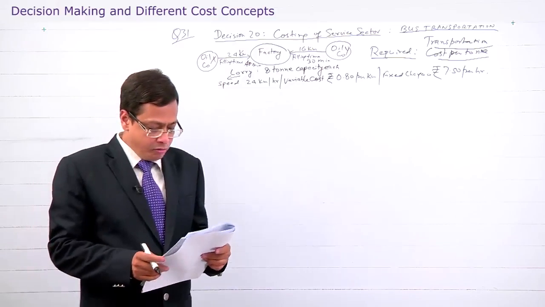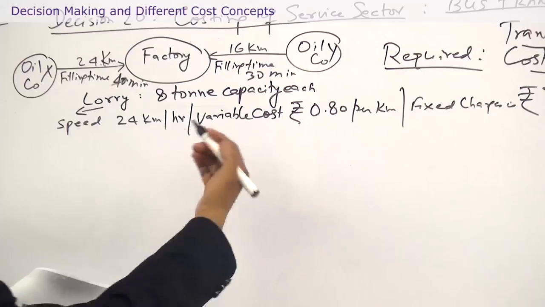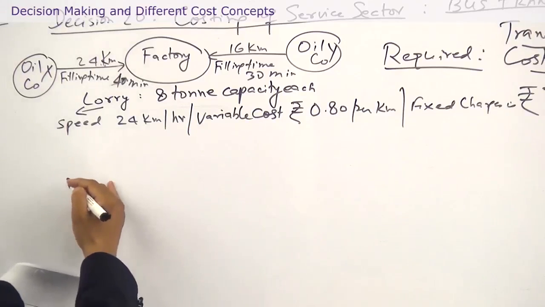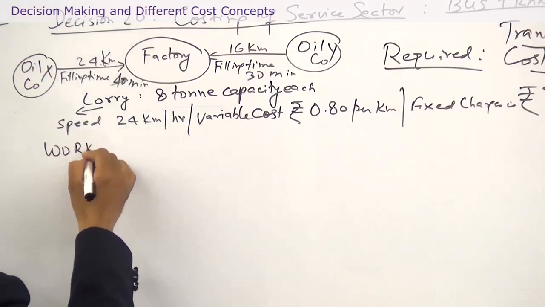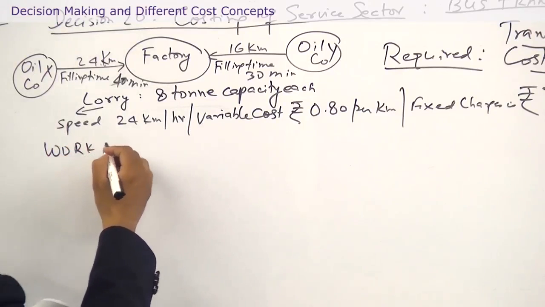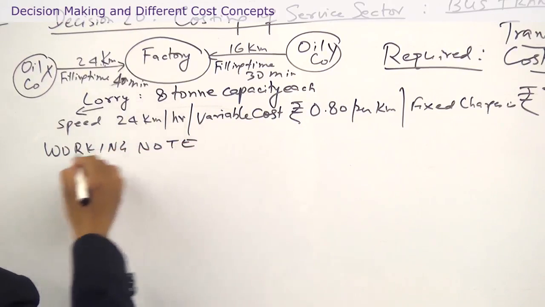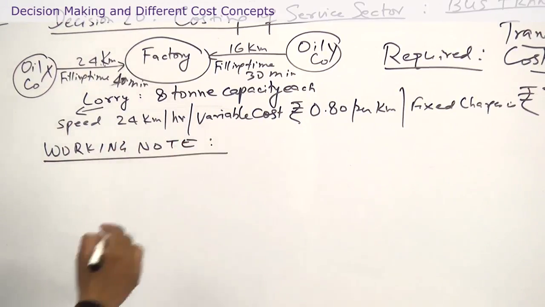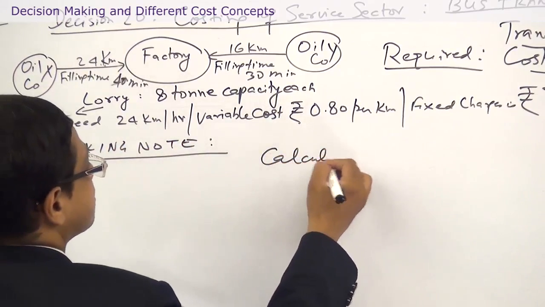So, how do we proceed? Let's start working with me. You have a working note. This talks about calculation of variable cost.